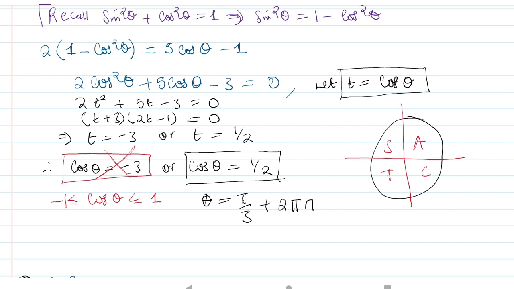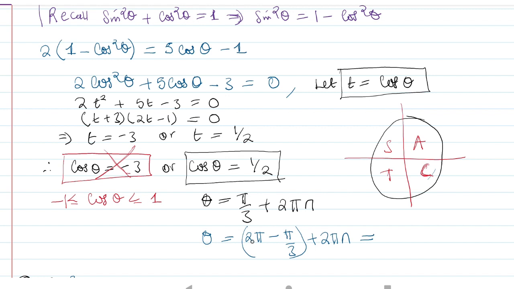So since cosine is positive in the fourth quadrant, the second solution is going to be theta is equal to 2 pi minus pi over 3, and we need to add the period, 2 pi n.